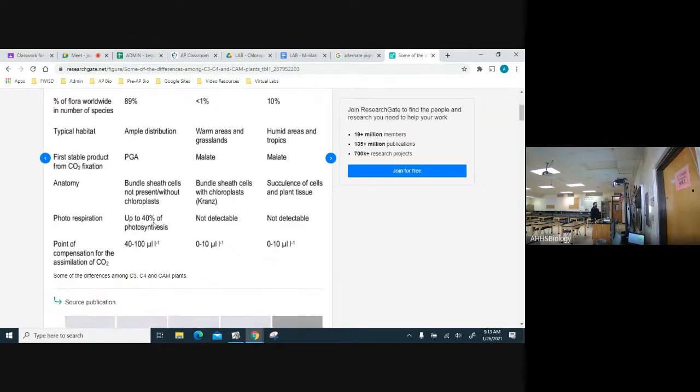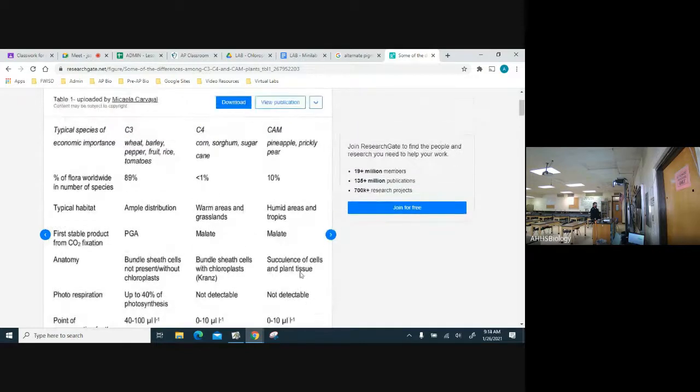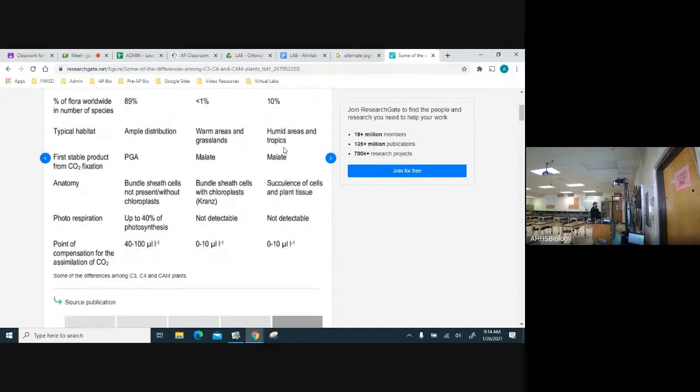And those things are losing 40% of their photosynthesis rate due to photorespiration. But because CAM plants and C4 plants have these evolved processes, they don't actually have any detectable photorespiration. So it saves them a whole bunch of time and effort, which might be good because they're in water-stricken areas, like desert areas, I guess. So I thought that was interesting.